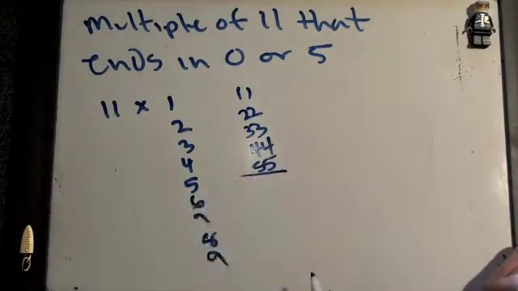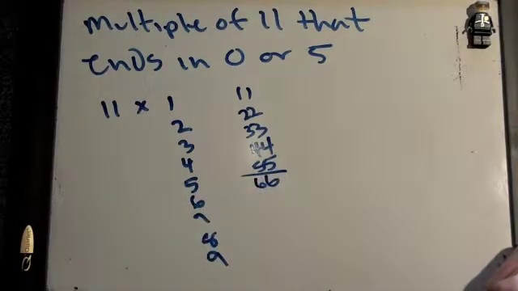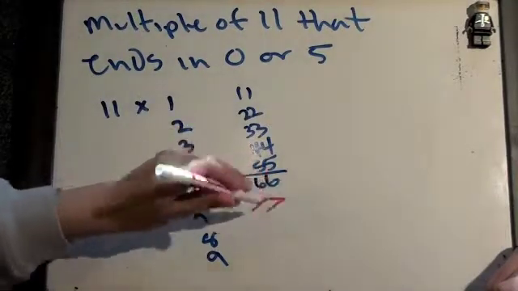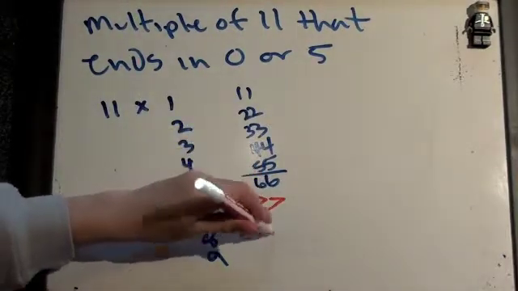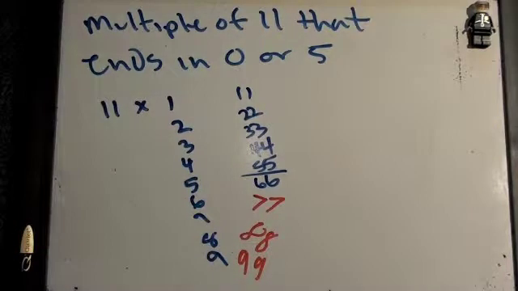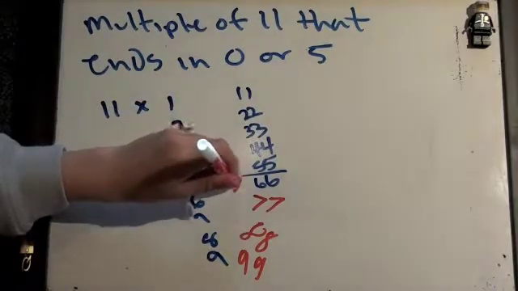That works. 11 times 6 is 66. 11 times 7 is 77. 11 times 8 is 88. 11 times 9 is 99. Do any of those end in 5 or 0? Only the 5.